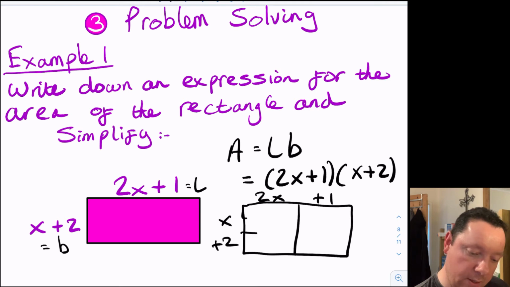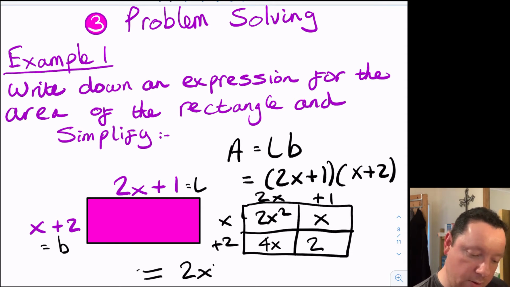I split it up in times. So I get 2x squared. 1 times x is x. 2 times 2x is 4x. 2 times 1 is 2. So the final answer is 2x squared, 1x plus 4x is plus 5x, plus the extra 2, and that's me finished.